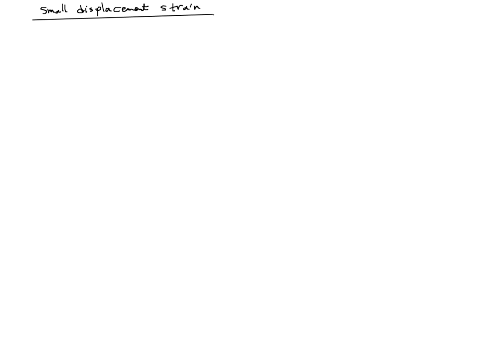And we do that by starting from the Green strain, which says E_G is H plus H transpose plus 1/2 H transpose H.